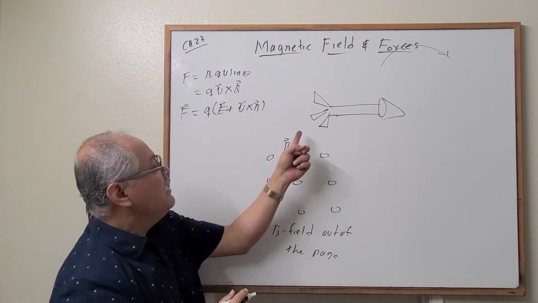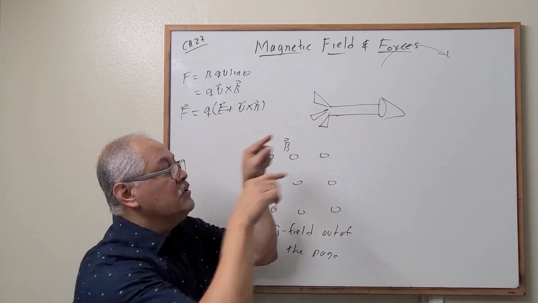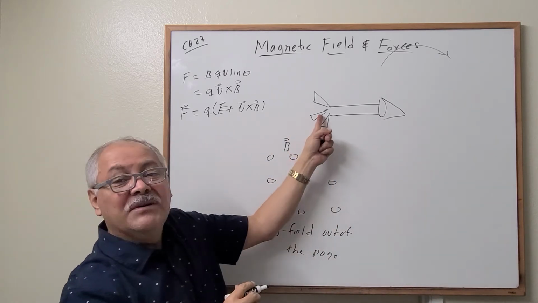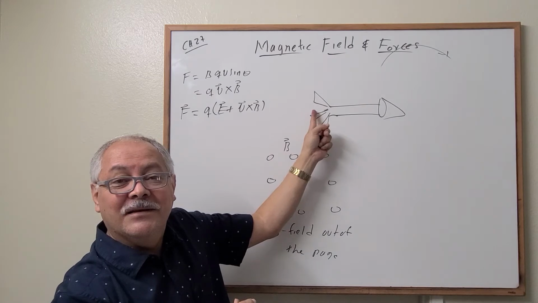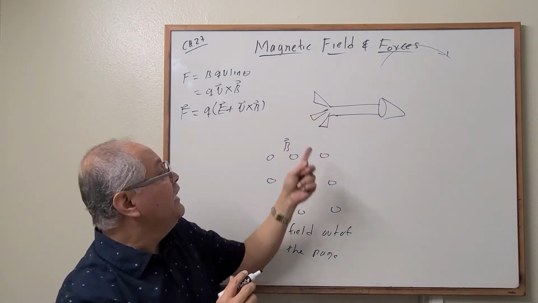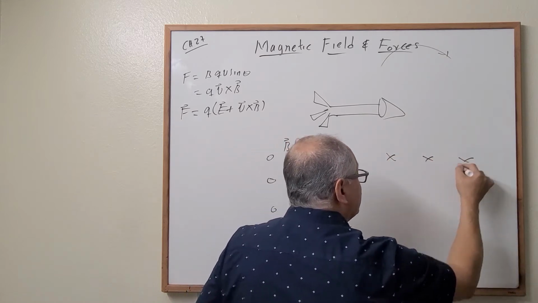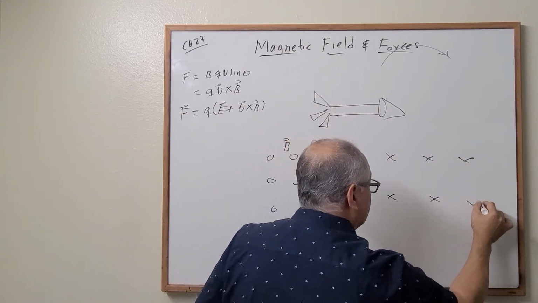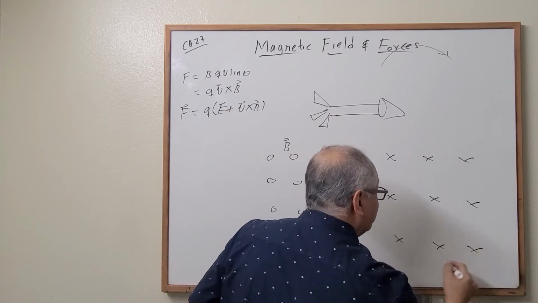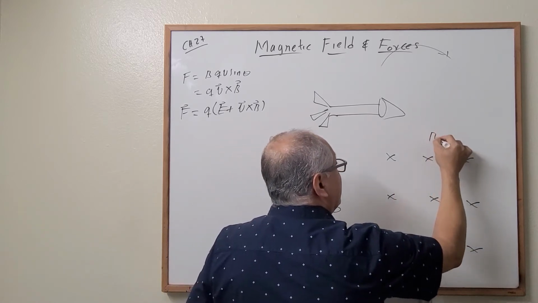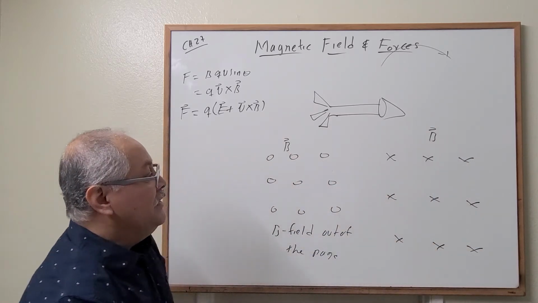Now what happens if we are right here and we see the arrows going away from us, so we see only the tail, the back of the arrows? What do we see? We're going to see this cross that represents the tails of the arrows, or the vectors. And this is again the magnetic field.